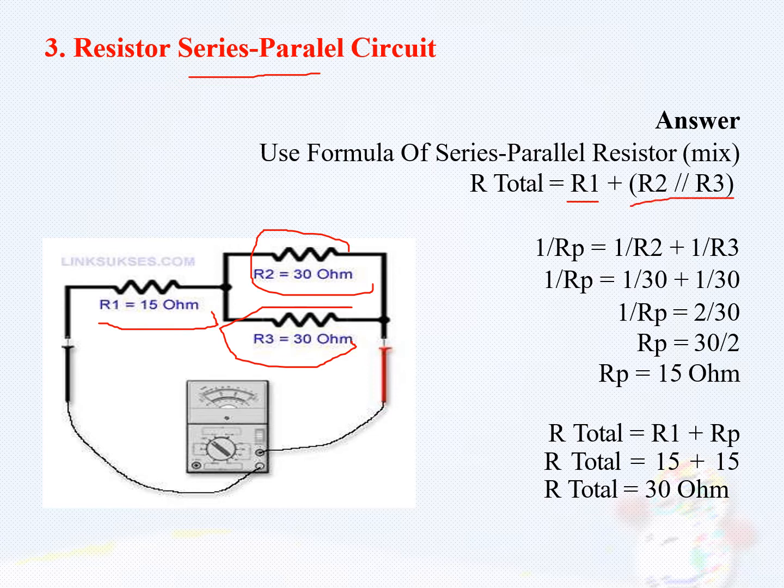If we put in the values 15, 30 and 30, the parallel combination gives 15 ohm, and if we add that to the series resistance, the final answer comes out to be 30. So we can see that a complicated circuit can be easily solved with the help of series and parallel connections if we are aware of the formulas.